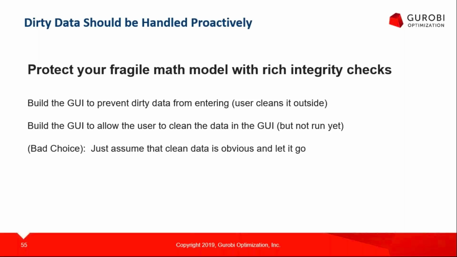What happens is that the user is collecting data, possibly from disparate sources, and there might be a missing product weight for a given product, and the user just enters a zero there as a placeholder. So this is why I think you should treat the checking of dirty data in a completely proactive manner, in exactly the same way that you would treat writing mathematical bugs. You should rigorously assess all of these simple data integrity rules of your input data before launching your solve.